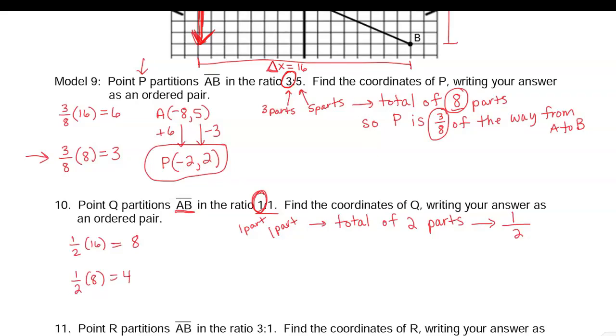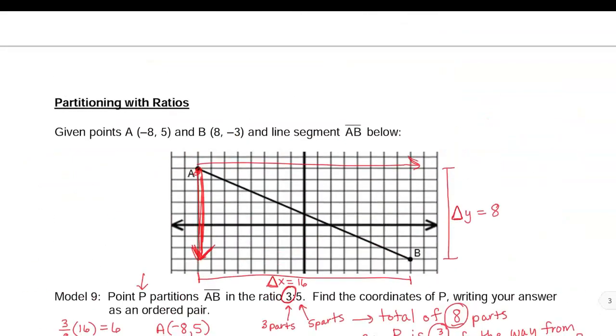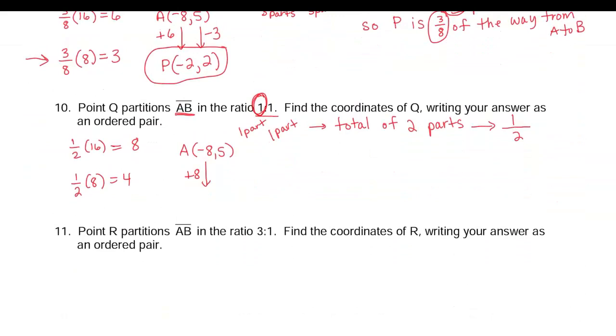And just do the same thing again. Now take point A, which is at -8, 5, and make these changes. You're going to add to the x-coordinate because we're going from the left to the right. But then when we're going to point B, we're also going downhill, so the y-coordinate is going to be changing by going down.